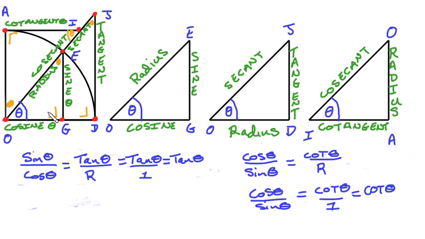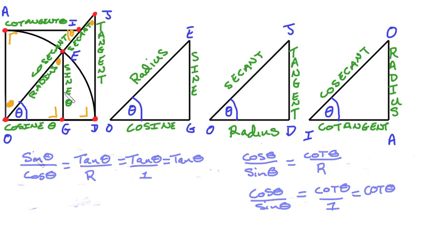So the final thing I wish to show you from just these simple triangles is that we can express any of these lines, sine, cosine, and so on, in terms of any one of the lines. So what I am going to do is show you how you can express the cosine, tangent, cotangent, secant, and cosecant in terms of the sine only.